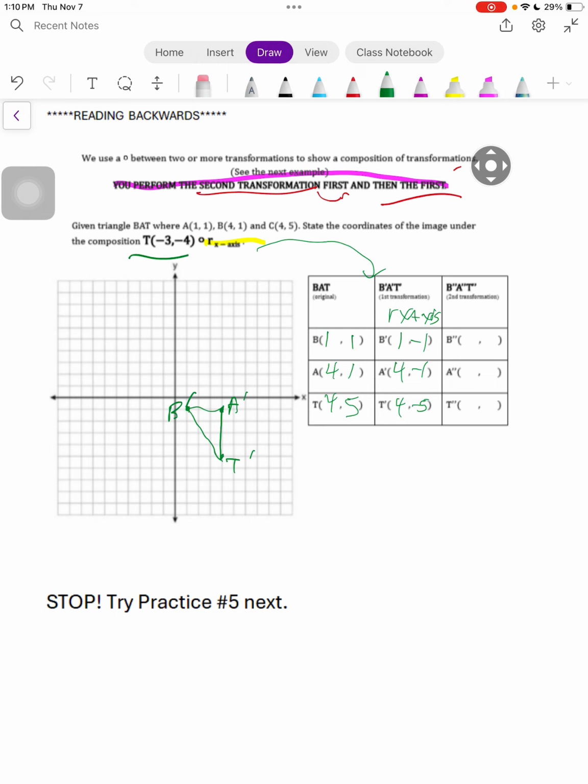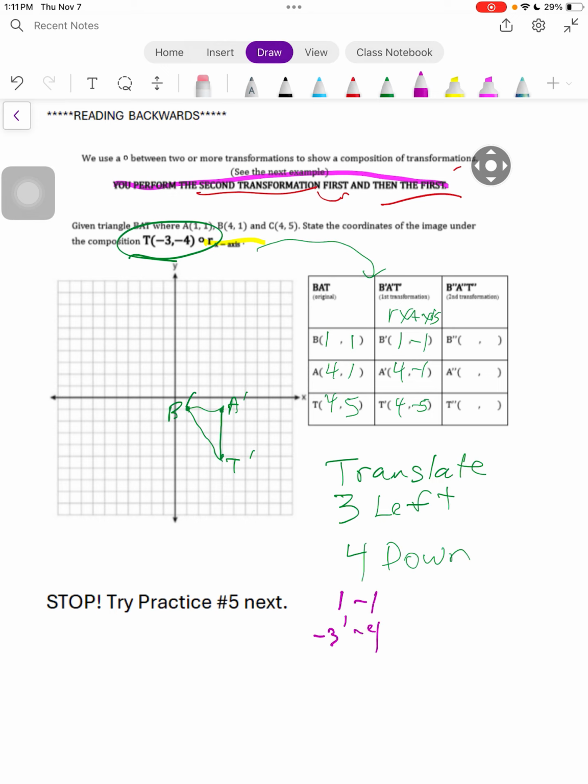Now they want us to do this next. That is a translation. So we are going to go 3 left because of the negative and 4 down because of the negative. Now, can you take these numbers and subtract? Absolutely. So if you want, you could just do (1, -1) minus 3, minus 4.